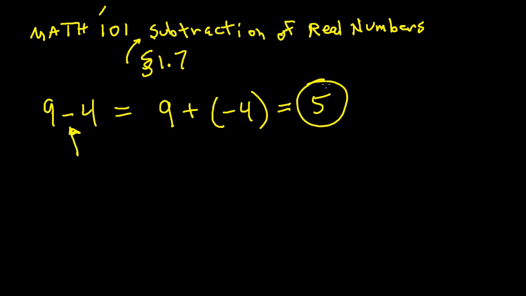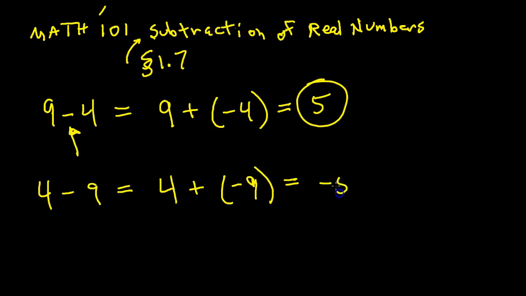All right, so hopefully not a big deal. Same thing. How about here? 4 minus 9. Then, if you're going to be formal about it, if you're subtracting a number, it's equivalent to adding the opposite. So 4 minus 9 is 4 plus negative 9. And when you add 4 to negative 9, you get negative 5, right?